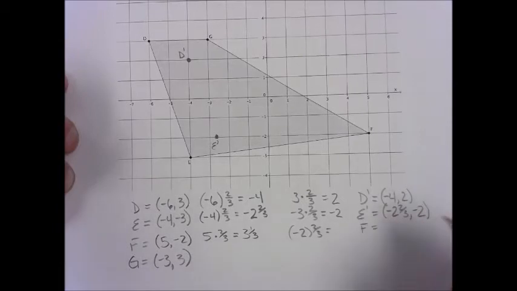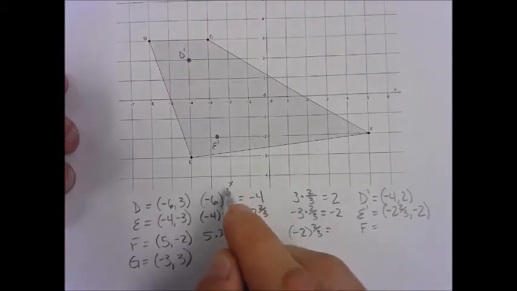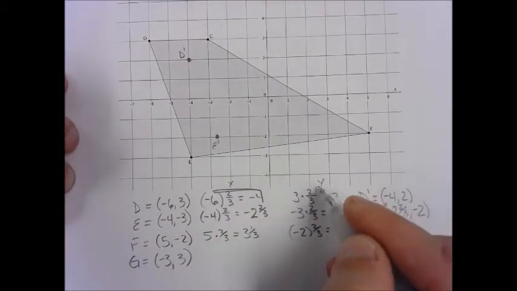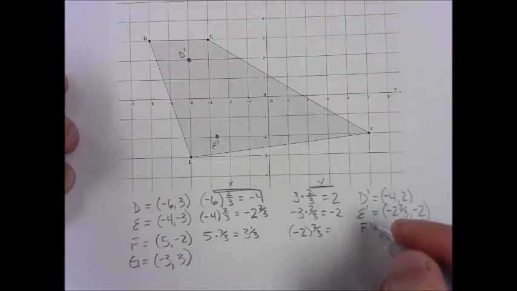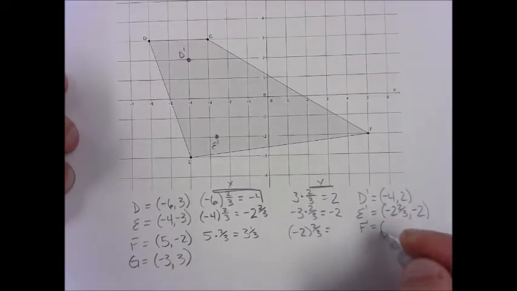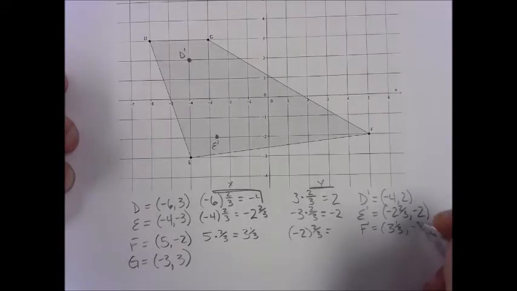You're never going to get mixed up on what's your x, what's your y, because you're keeping everything together. This is all my x's right here. This is all my y's. So my x coordinate for F prime is 3 1/3, and my y coordinate is -1 1/3.